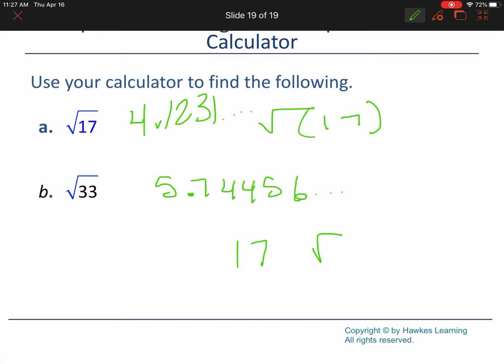Okay, so try out the calculator that you want to use for your test, so that you can get used to it, and figure out how to enter these in so that you can find the approximation to any square root.